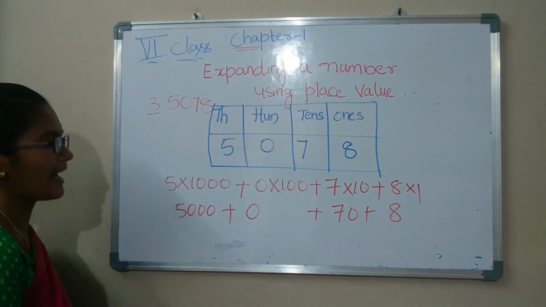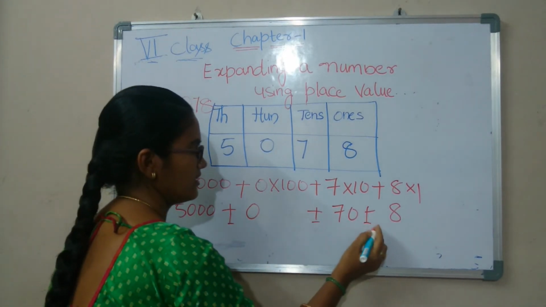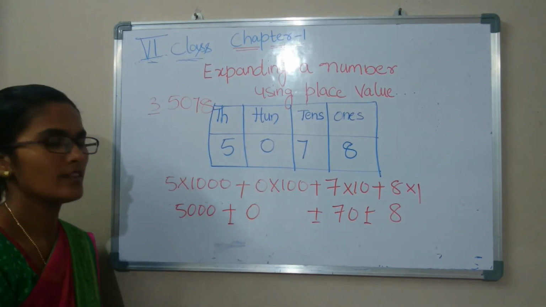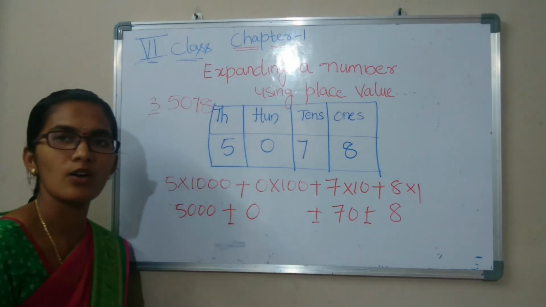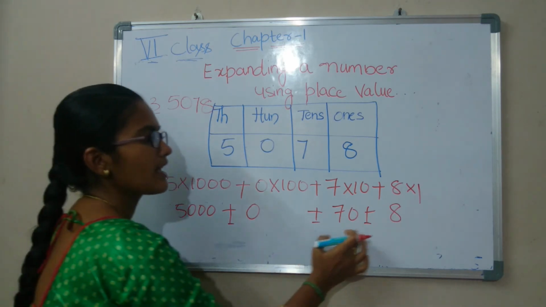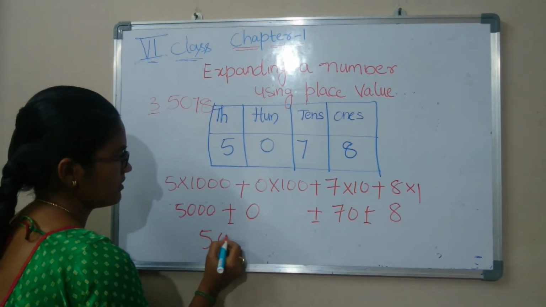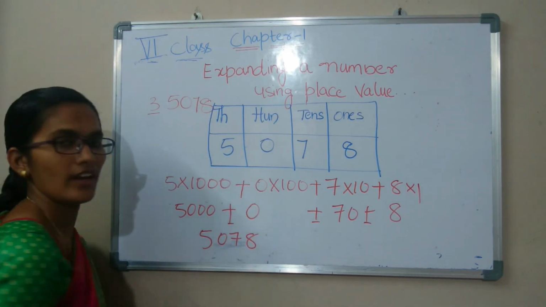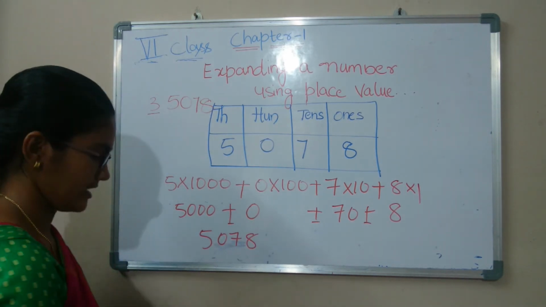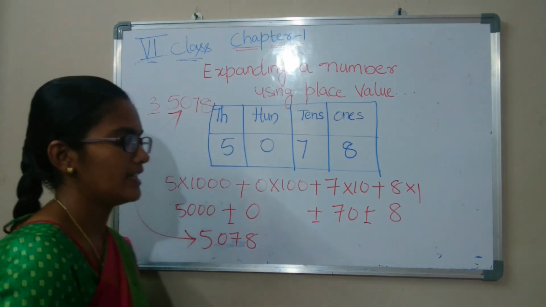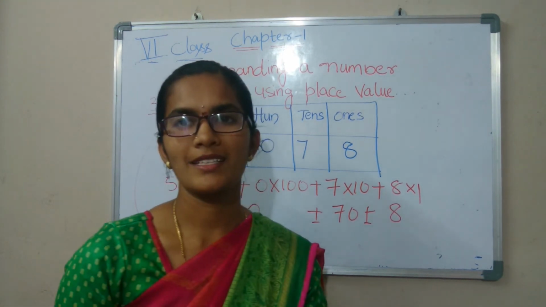Now we have to add them. 5000 plus 70 is 5070, plus 8 is 5078. So we got the answer 5078. In this way we have to expand.